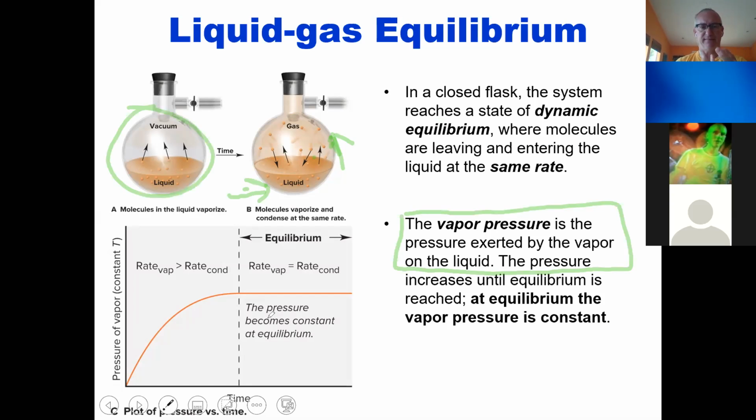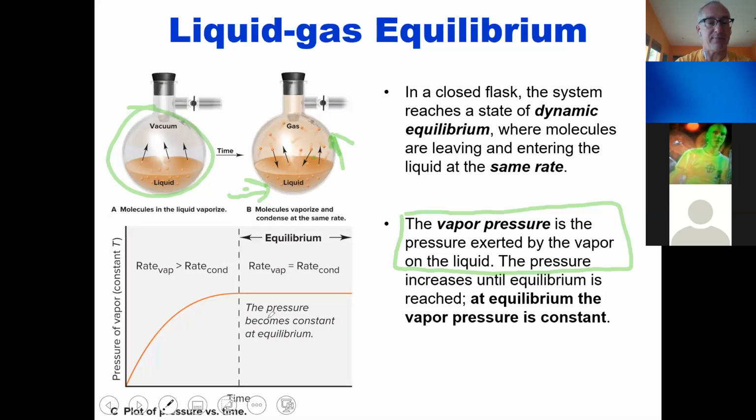Very little, because at very low temperatures, we don't have very much vapor being formed. But as the temperature goes up, the vapor pressure also goes up until an equilibrium is established, where liquid is turning into vapor and vapor is turning back into liquid at the same rate. And so the concentration of gas doesn't change.